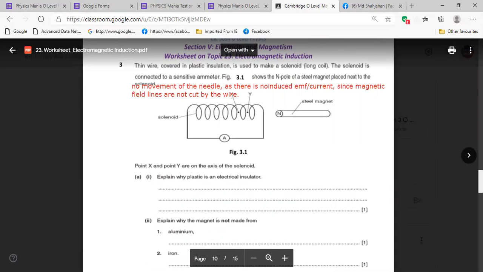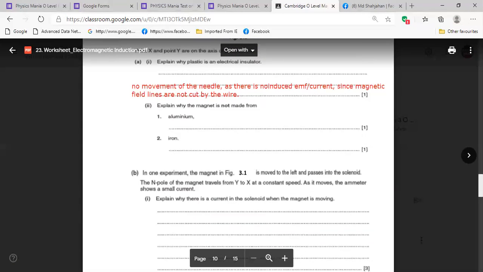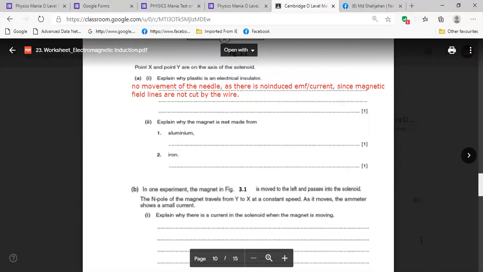It does not have any free electrons to carry the charge. They don't have any free electrons, right? Yes, sir. Okay, very good. Then next, aluminium is a non-magnetic material.